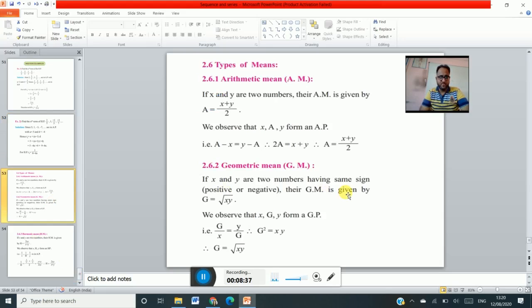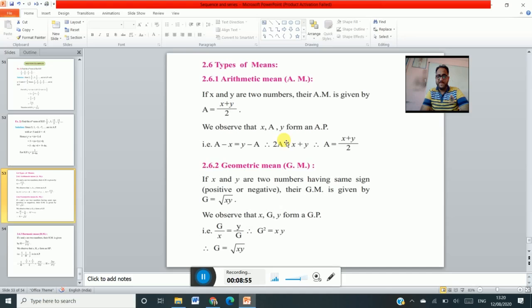Then see the next topic, which is one of the topics remaining: arithmetic mean, in short AM. Arithmetic mean actually means average. If x and y are two numbers, their arithmetic mean is (x plus y) divided by 2, that's the average.